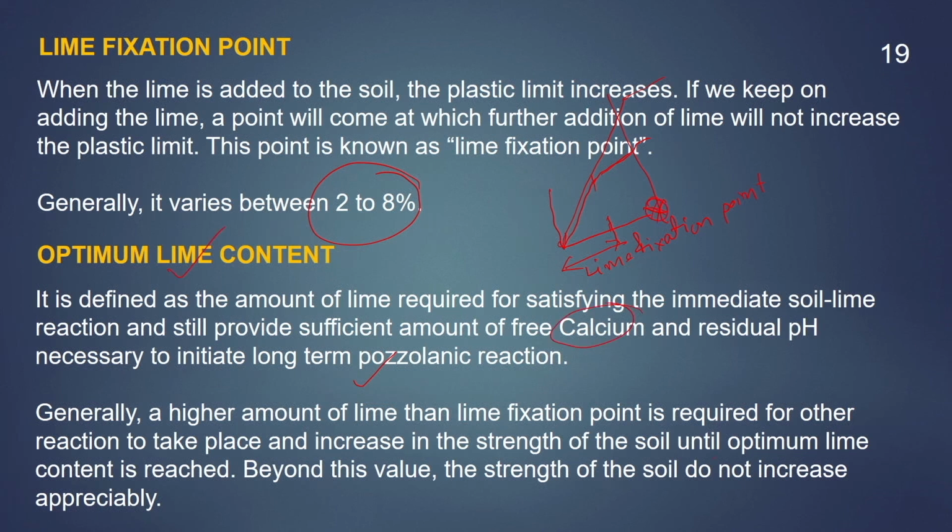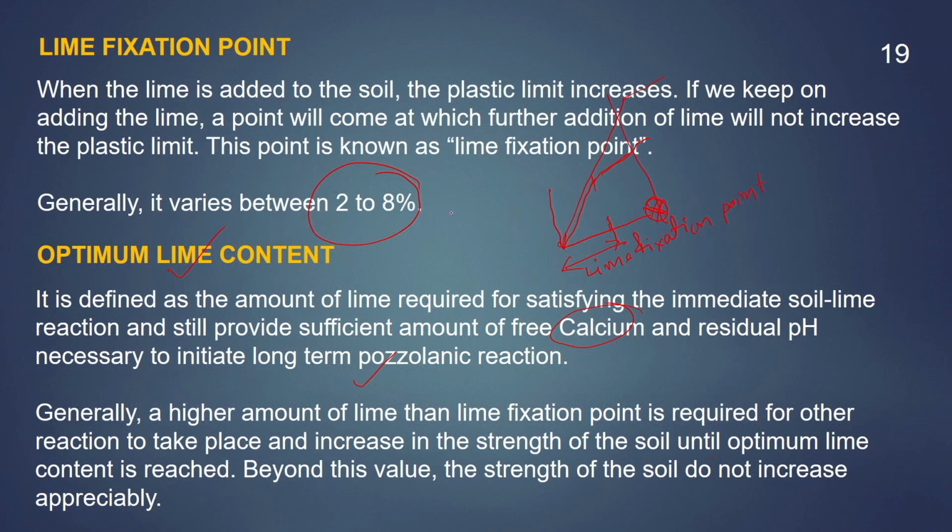Basically, the lime fixation point is the maximum amount of lime content up to which the increase in the plastic limit or the decrease in the plasticity index takes place, and beyond that point a further addition of lime will not change the plastic limit or plasticity index.